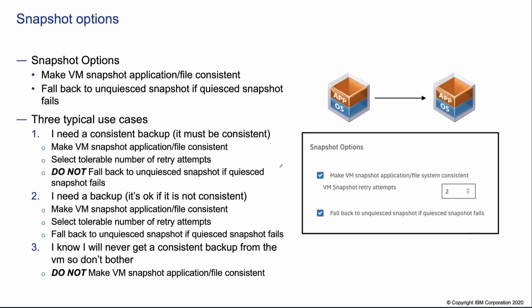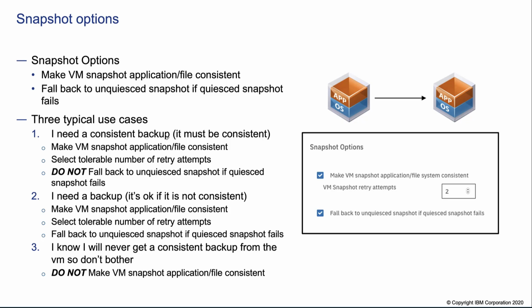So instead of telling you about what these boxes do, I'm going to tell you about the 3 use cases that you're going to find. The first is you might have a use case that says I need a consistent backup, meaning if it's not a consistent backup, to me it's not a backup, so please don't do that. So at all costs, make the VM snapshot file consistent, application consistent. We will retry.